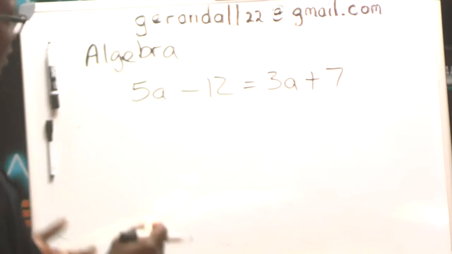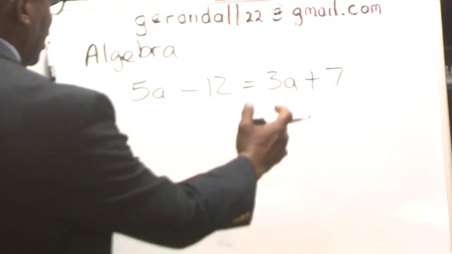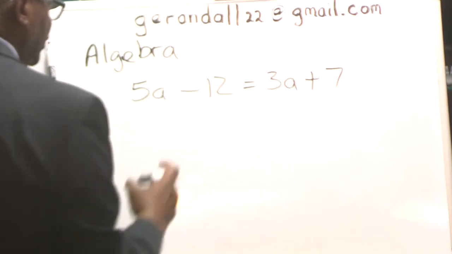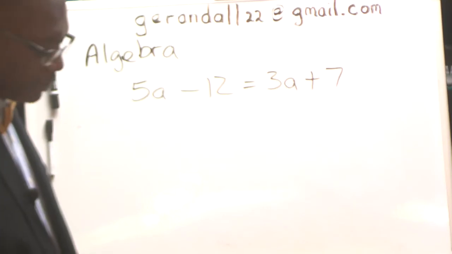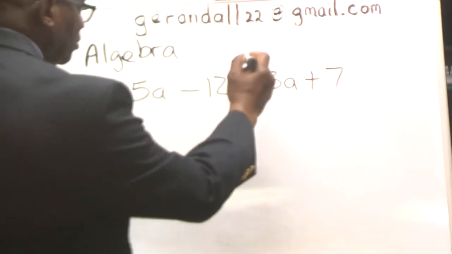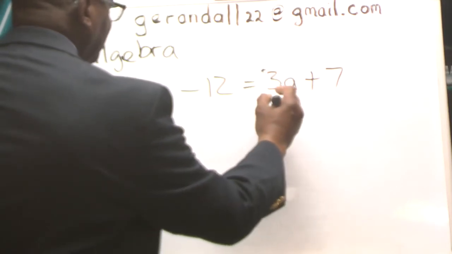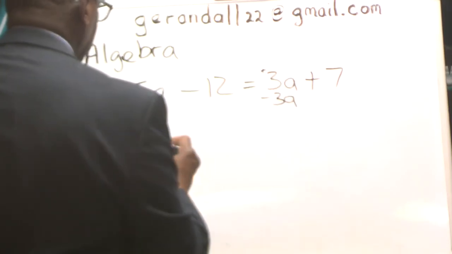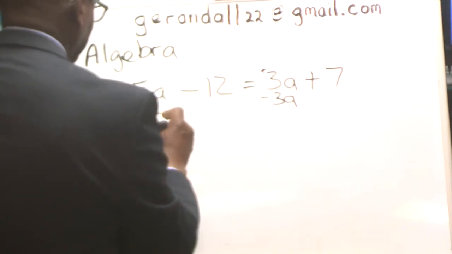Okay. First step, we've got to get all our a's, or terms with a's, together. And how do we do that? This is a positive 3a, so we're going to subtract it. And whatever we do to one side, we must do over here.